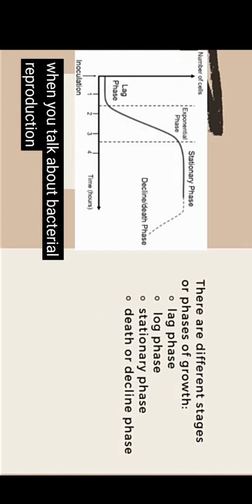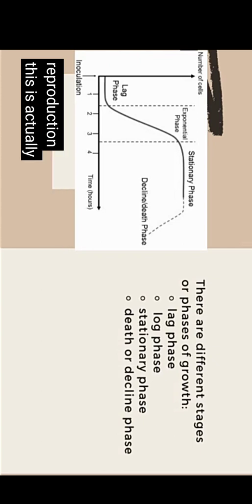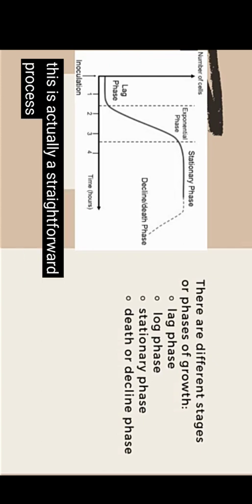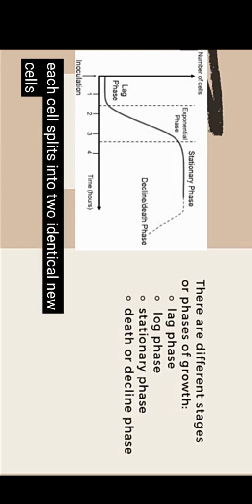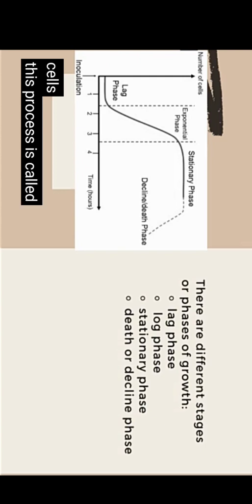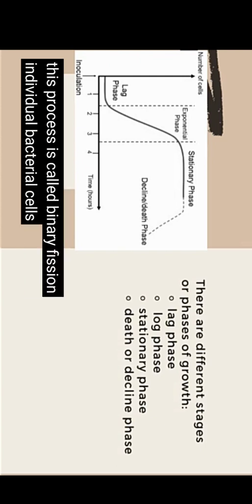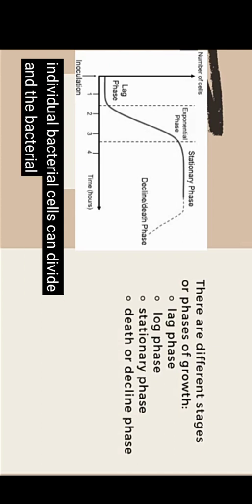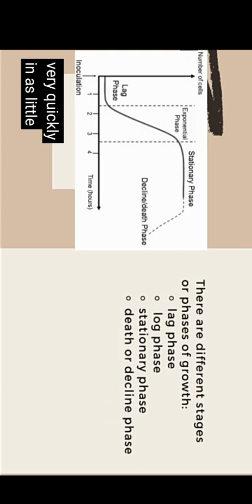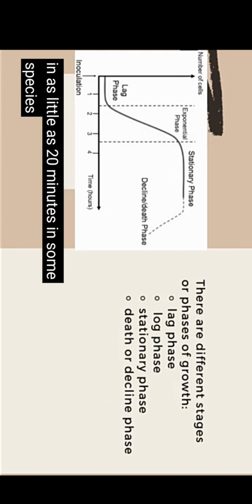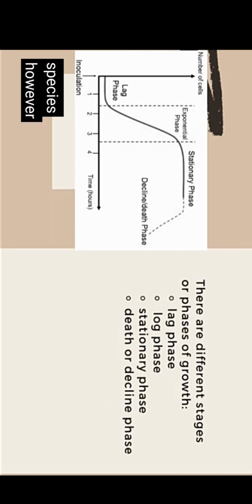When you talk about bacterial reproduction, this is actually a straightforward process in which each cell splits into two identical new cells. This process is called binary fission. Individual bacterial cells can divide and the bacterial population can double very quickly, in as little as 20 minutes in some species.